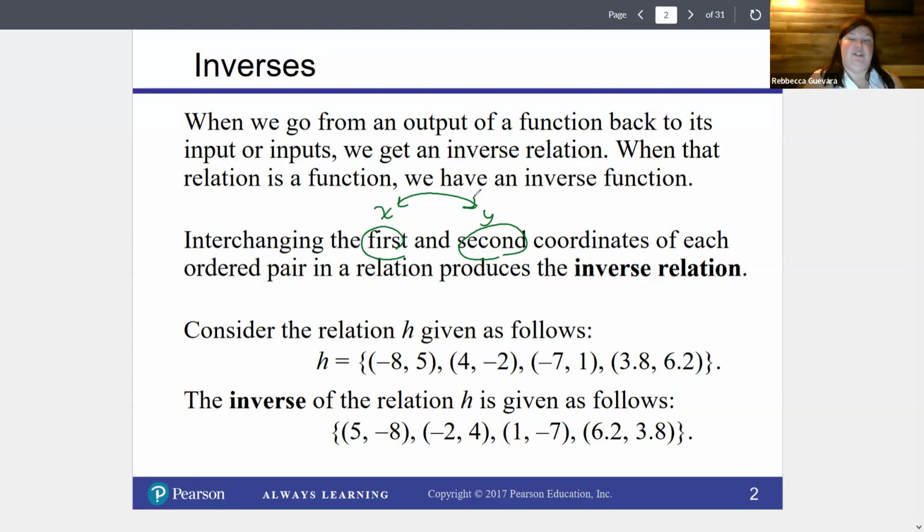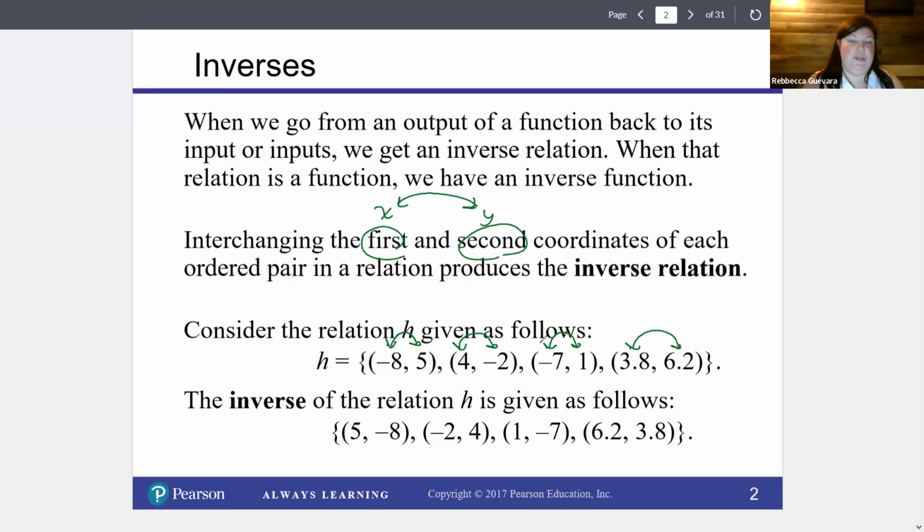So we're just going to do this the easy way first. We're going to take the first and second coordinates of ordered pairs in a relation to produce the inverse relation. So if h was -8 and 5, 4, -2, -7, 1, 3.8, and 6.2, to make the inverse relation, I am just going to swap these ordered pairs.